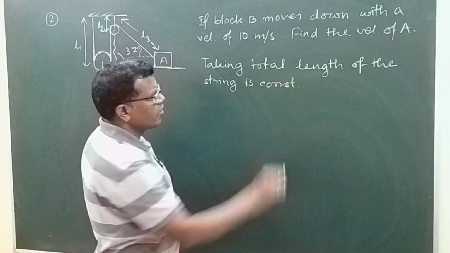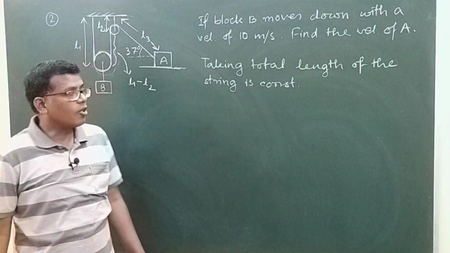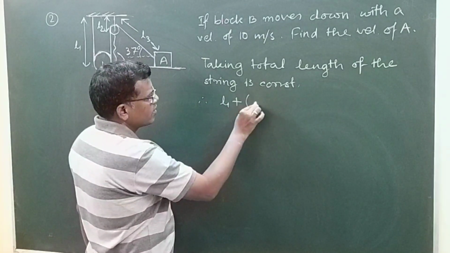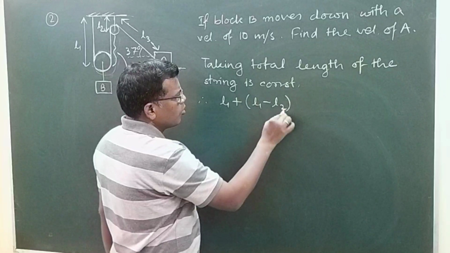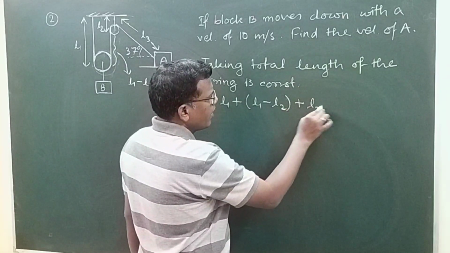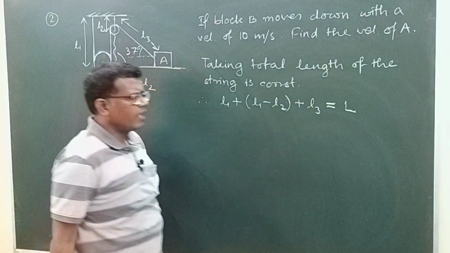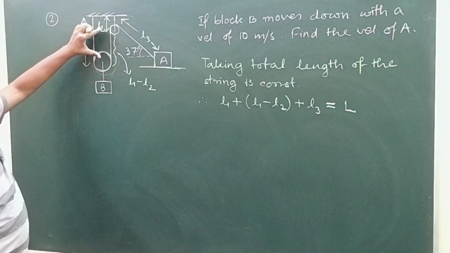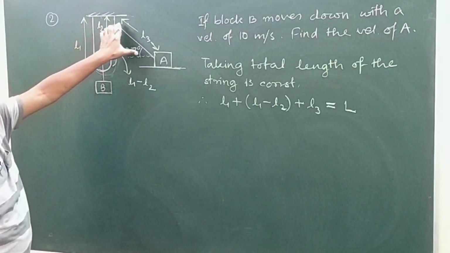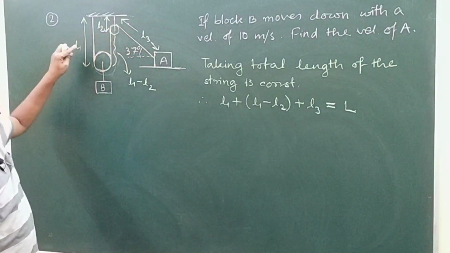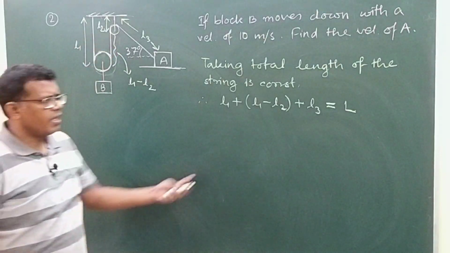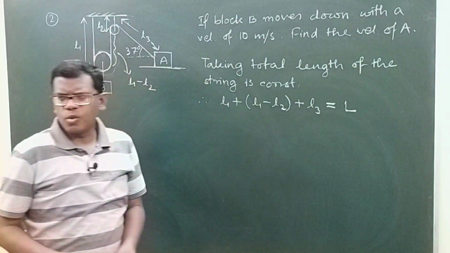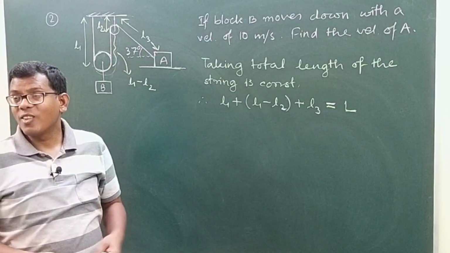If I take the total length of the string in this diagram as constant, therefore can I write L1 plus L1 minus L2 plus L3 equals the total length assumed? This part is L1, this part is L1 minus L2 and this part is L3. So the sum of these three portions of the string is equal to the total length, which is constant in value.